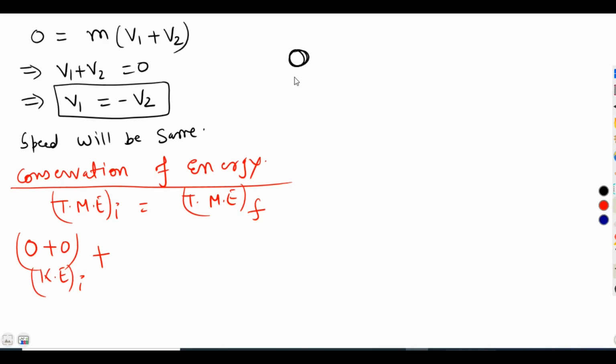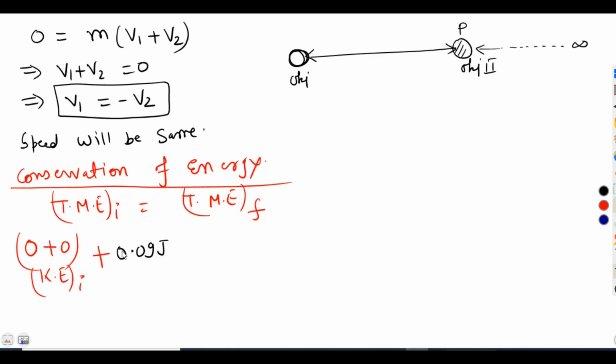When we bring object 2 from infinity to point P, we have done some work, and that work is stored as potential energy. The potential energy between these two objects, as we know, was 0.09 joule.